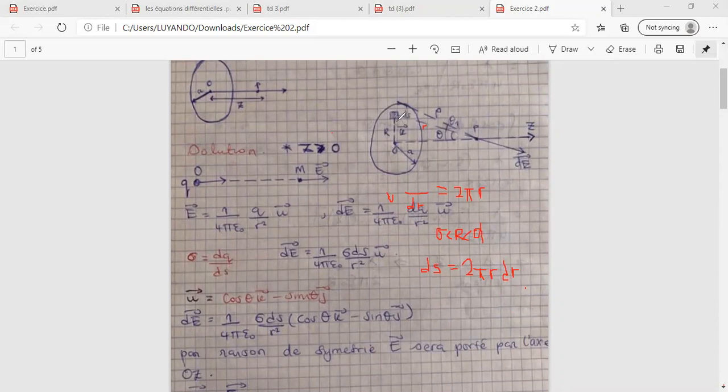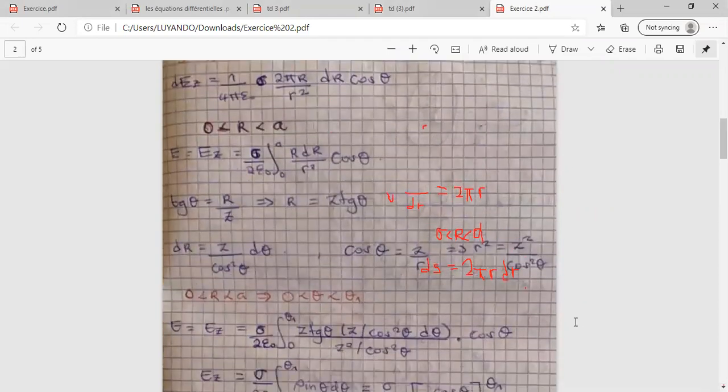My adjacent is Z and my hypotenuse is R, which is what I have here. So cos theta is equal to Z over R. So my R squared, which I'm trying to change, is equal to Z squared over cos squared theta, if I make R the subject of the formula.